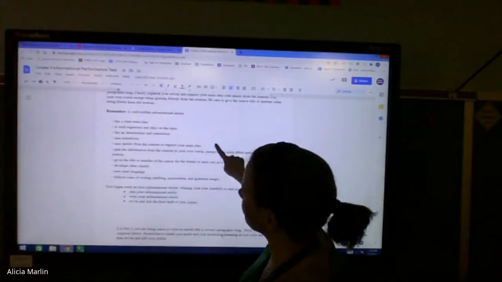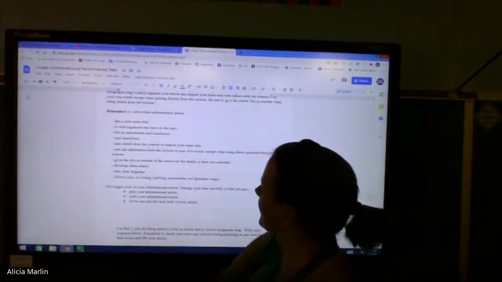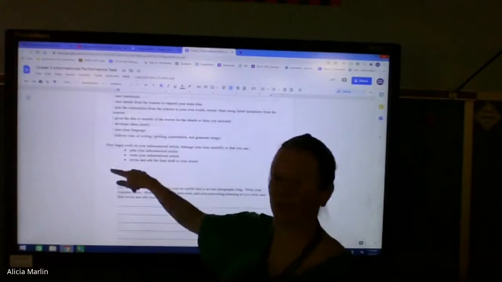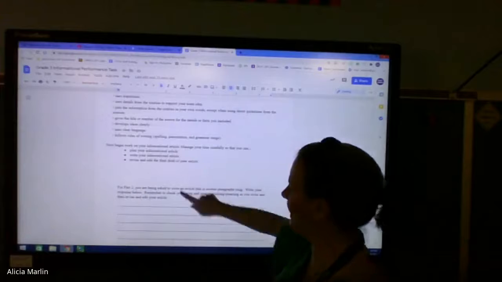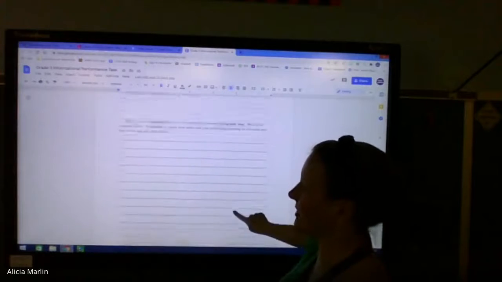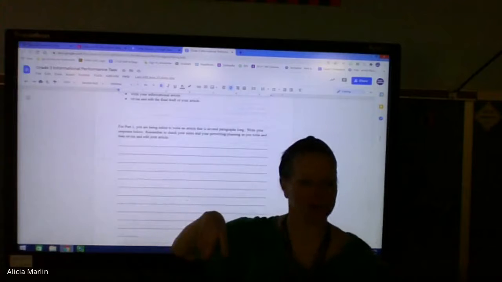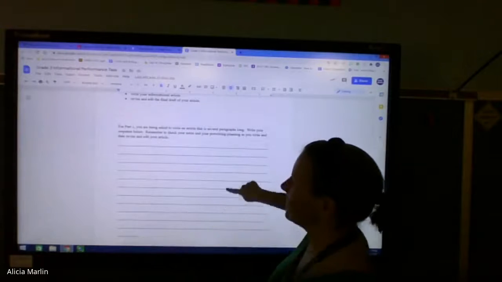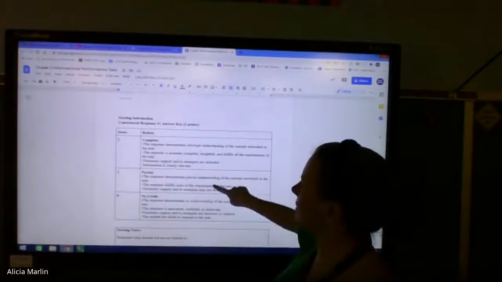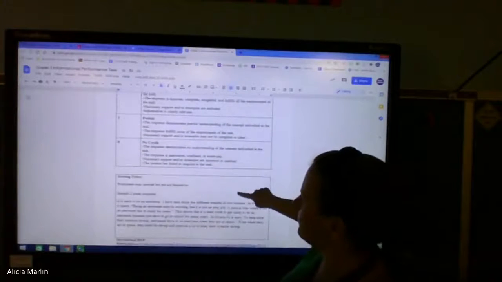All right? Then it gives you a checklist here. You're going to plan, write, revise, and edit your story right here. And then down here is where you are going to write your article. Okay? Now, if you keep going all the way till the end, it gives you, I don't think we're supposed to have this on here.